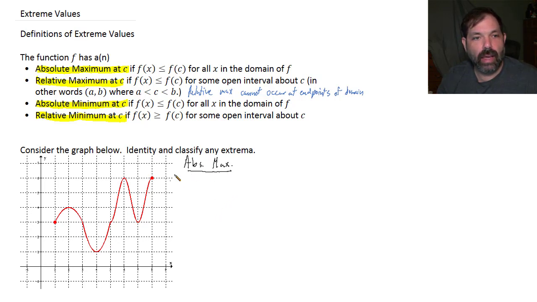And what I see is that the maximum value is 6, and it occurs here and here. We can have more than one absolute maximum. So here's what we would say. There is an absolute maximum of 6 when x equals 6 and x equals 8.